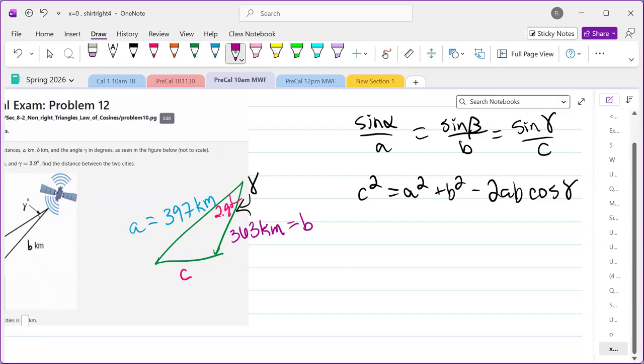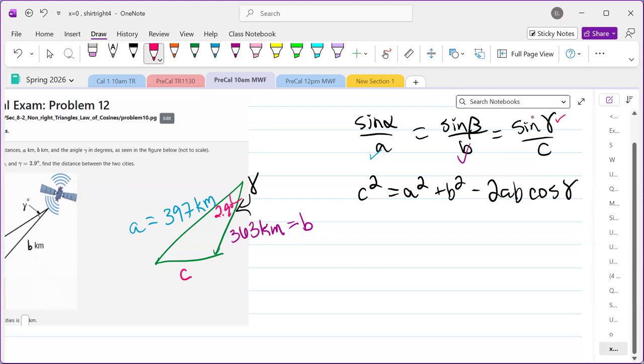Now, if I look at law of sines, I know side A, side B, and angle gamma, but I don't know alpha, I don't know beta, and I don't know side C. So I need 3 of the 4 pieces between 2 fractions in order to use law of sines.